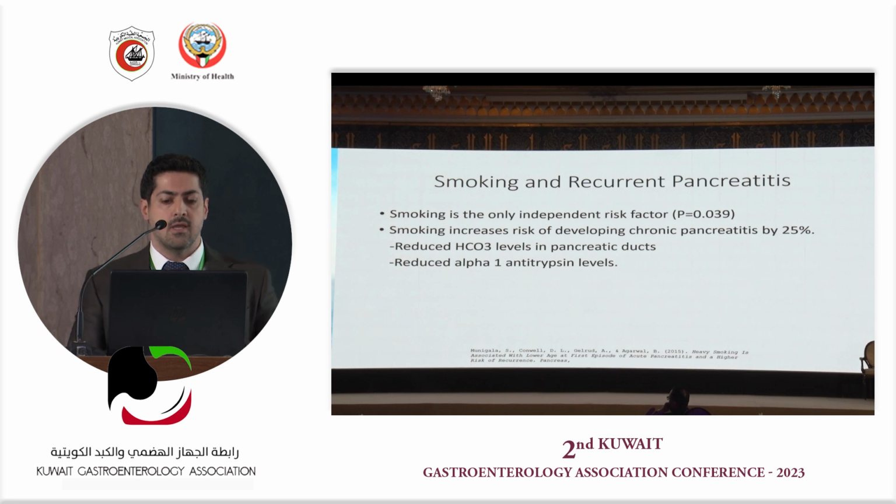So, back to smoking and recurrent pancreatitis, it's the only independent risk factor that is well documented to cause recurrent pancreatitis. Smoking increases the risk of developing chronic pancreatitis by 25%, and the theory behind that is that there is a reduction of bicarbonate secretion, which makes the pancreatic juices thicker and more viscous, and more likely to obstruct the main pancreatic duct, hence causing acute pancreatitis.